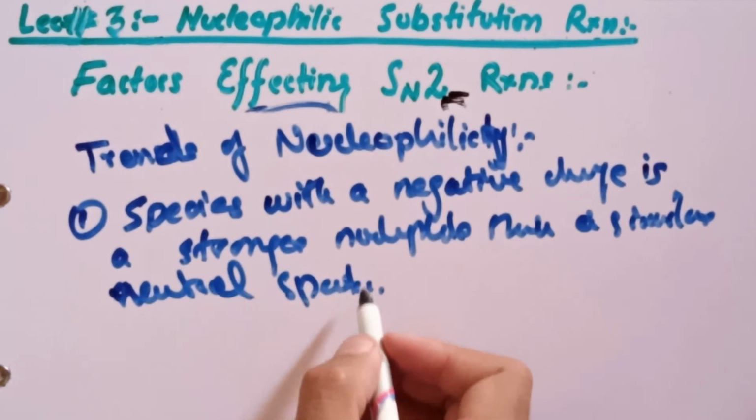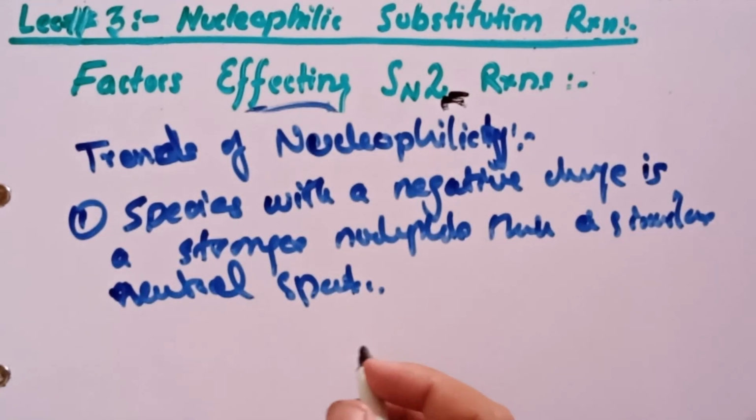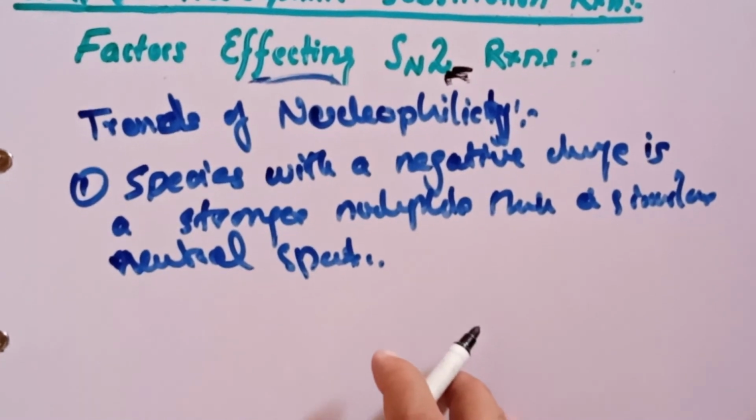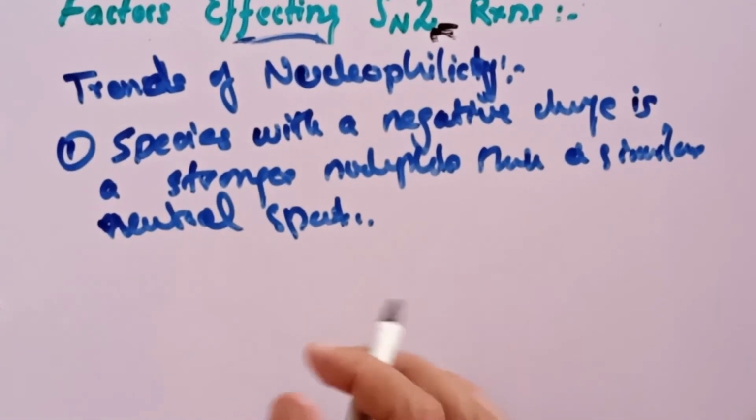As I already explained, a species with a negative charge will act as a stronger nucleophile than a similar neutral species.